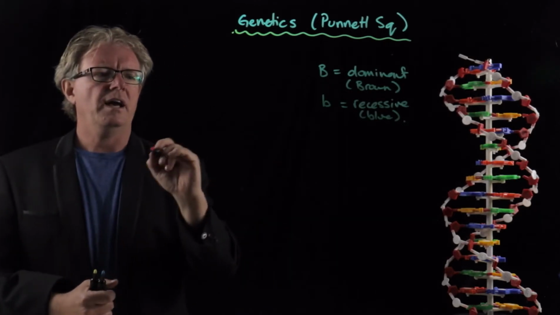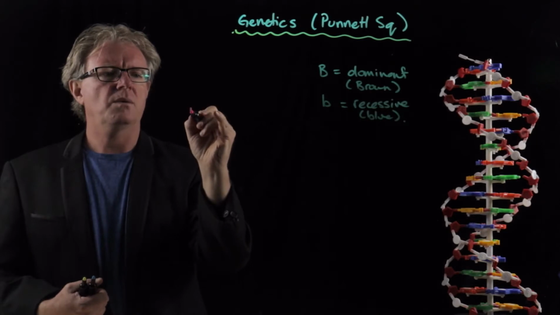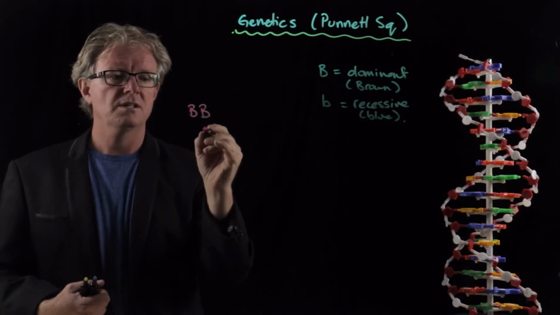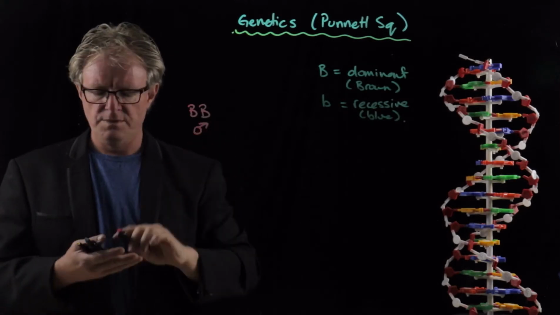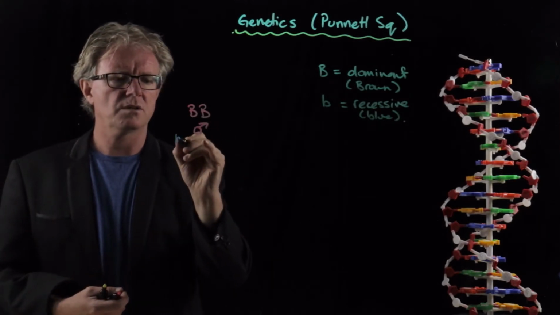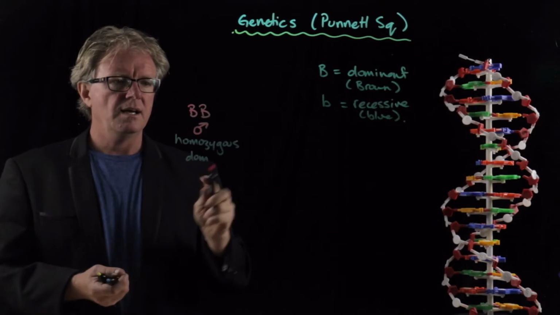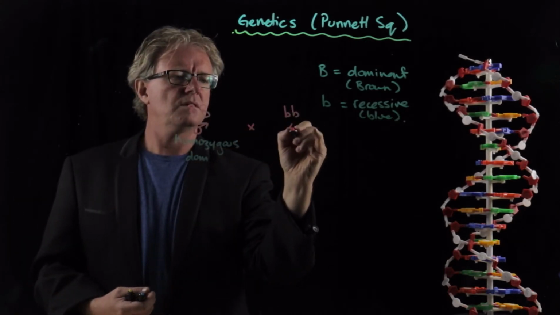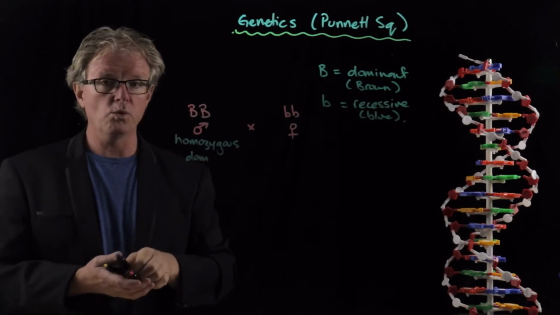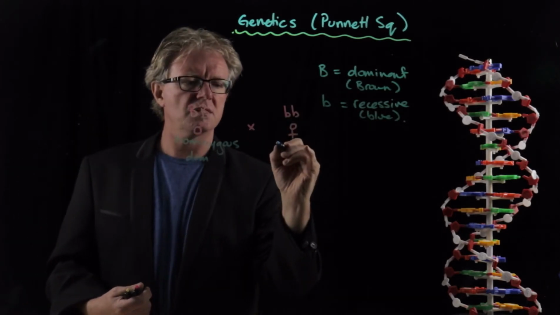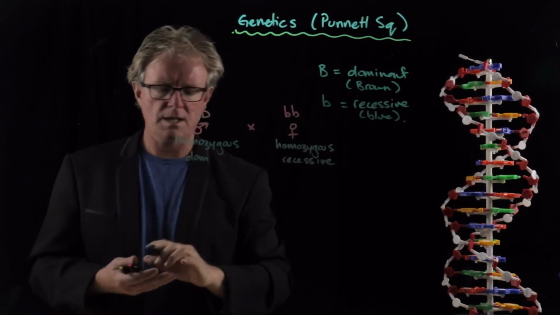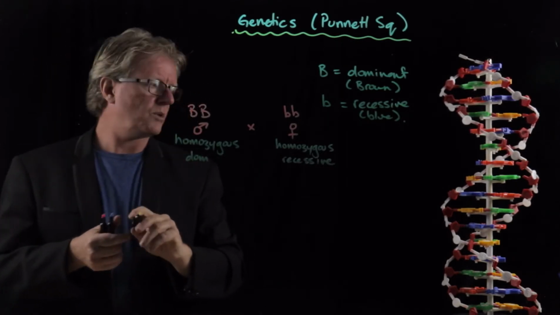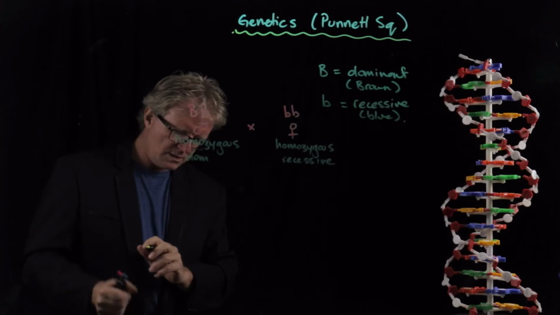So let's say we have two parents. One parent here is homozygous dominant, and this can be the male, and we'll just write everything down. That male is having a child with a female who has blue eyes, homozygous recessive. Here we have the genotype, so let's write that in. I wish I had a green pen around somewhere. There we go.